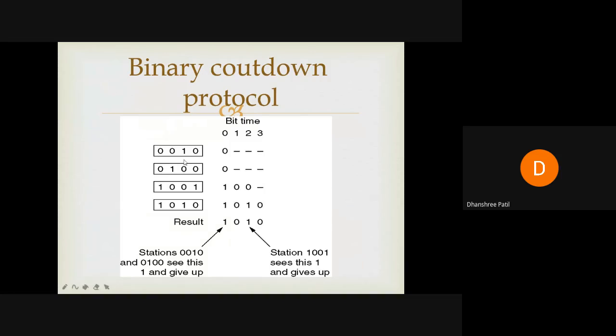Likewise, 0010, 0100, 1001, and 1010. Once they send their addresses, what is the next stage?